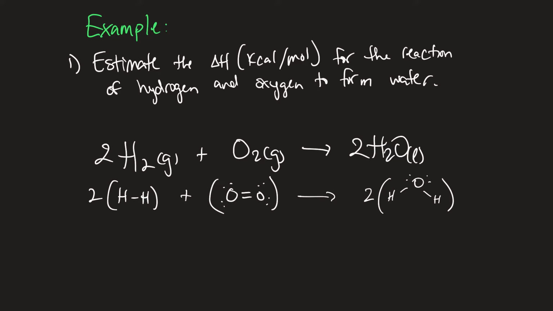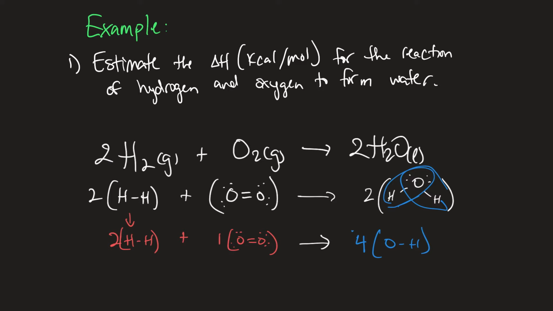So when we think about what type of bonds we have, we have 2 of these, plus we have 1 of these types of bonds. And most importantly, our product consists of 4 of these. Since there's 2 H2Os, we have 4 sets of OH bonds.